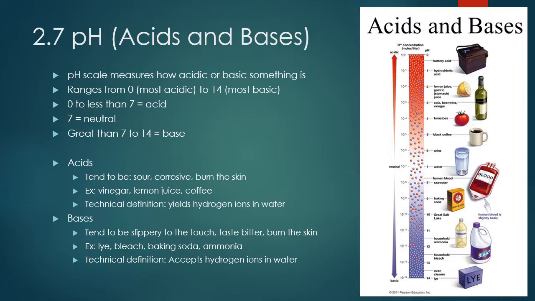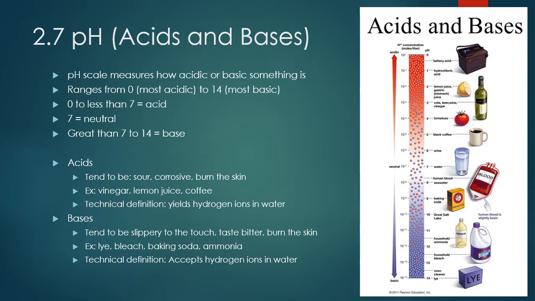Now the technical definition that your book uses, just so you know that definition, is that an acid tends to yield hydrogen ions in water. So if you were to put an acid into water, they say an aqueous solution, this means a water solution, then it will give off hydrogen ions or individual hydrogen atoms.